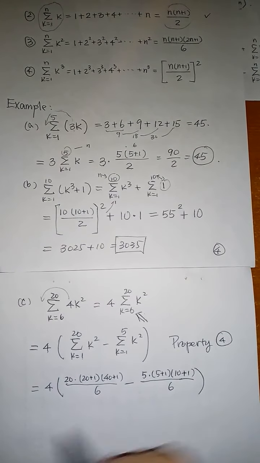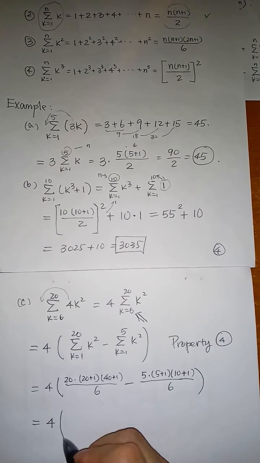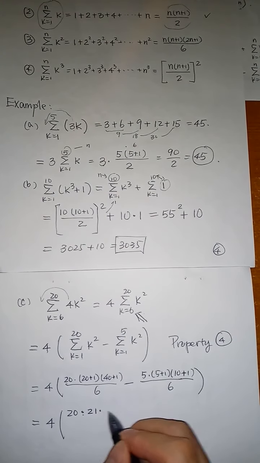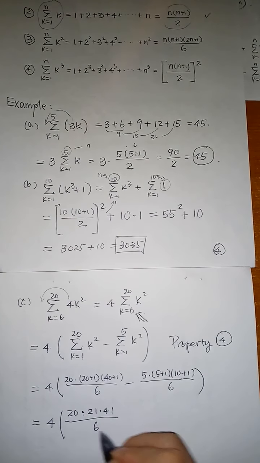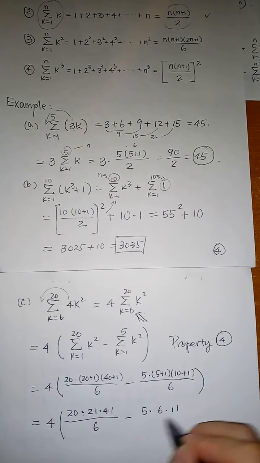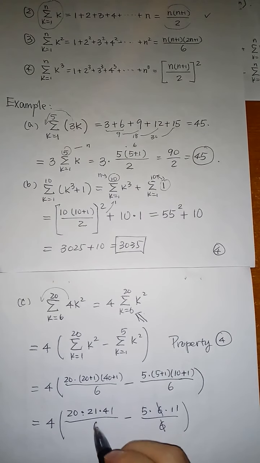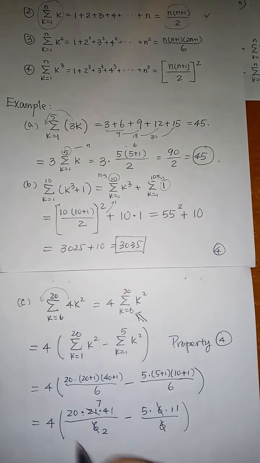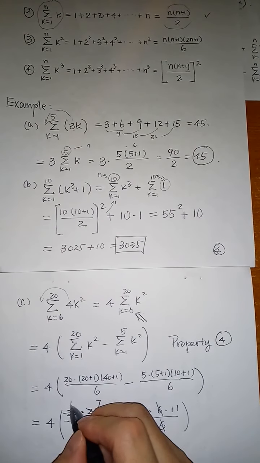Now let's try. It's 4 times, 20 times 21 times 41 over 6, minus 5 times 6 times 11 over 6. The 6 is cancelled. And 6 has a factor 3, 21 has factor 3, 20 has factor 2.